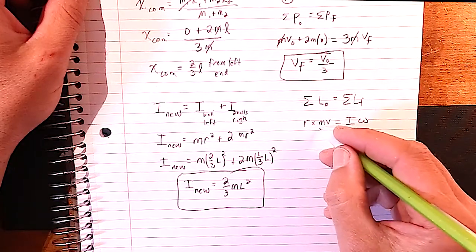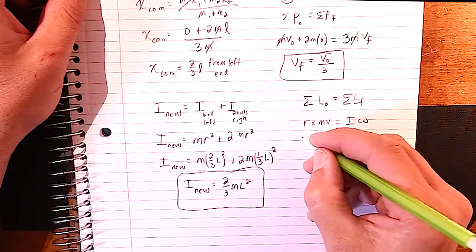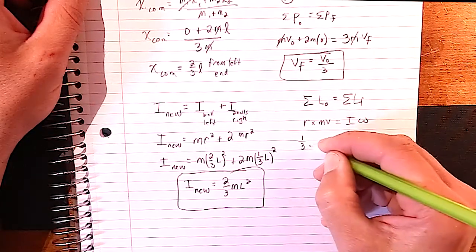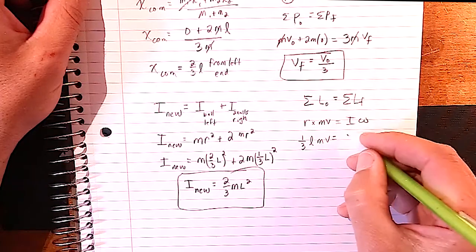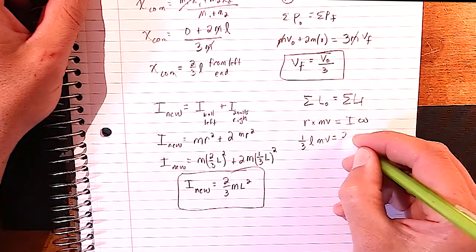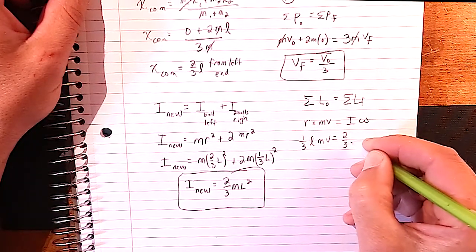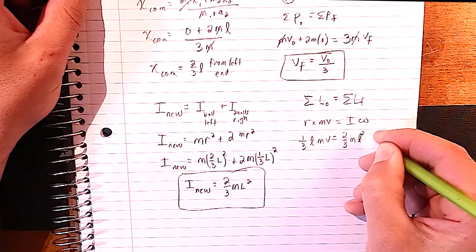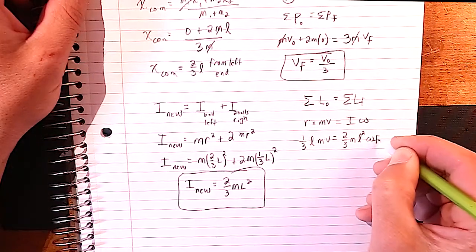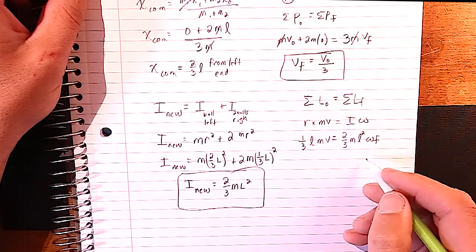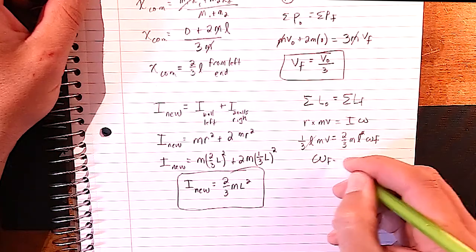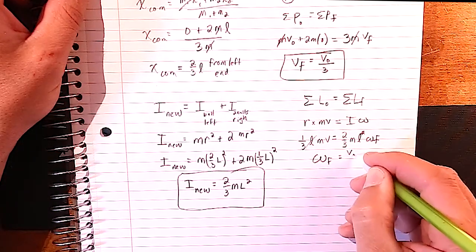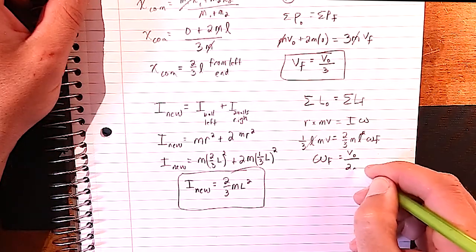So that R is going to be 1/3, so that's 1/3 L times mv is equal to the new moment of inertia that we just found, which is 2/3 ml squared omega final. And we just rearrange, we cross out one of the L's, and that gives us an omega final of v naught over 2L.